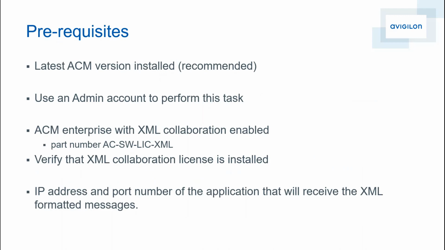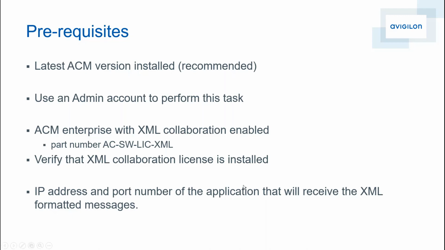Some of the prerequisites: we suggest utilizing the latest version of ACM when configuring XML. A user account with admin capabilities is necessary for this. And you need to have an ACM license for XML collaboration, which is ACSWLIC-XML.